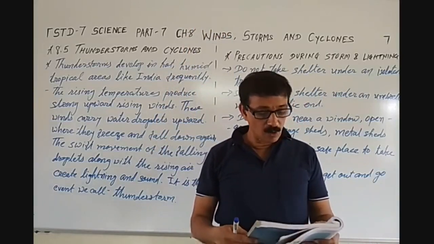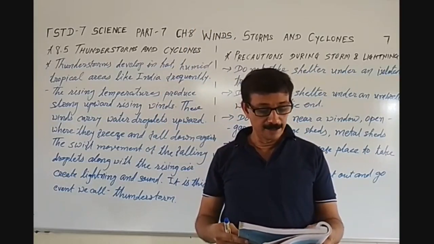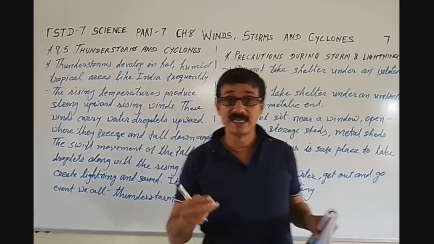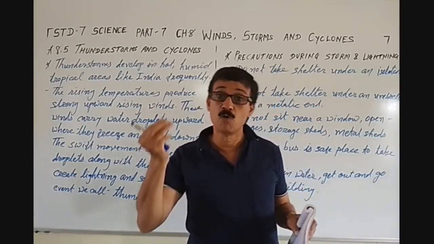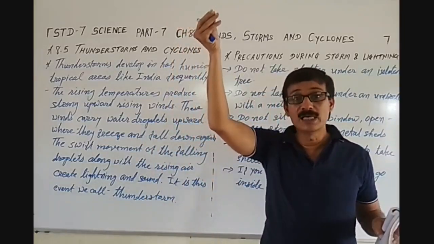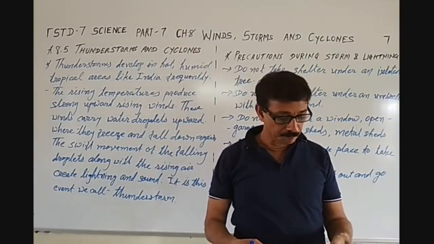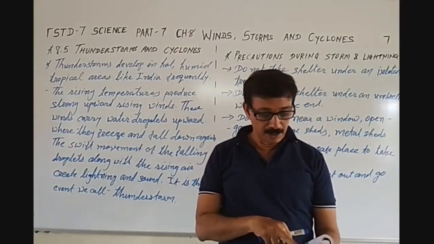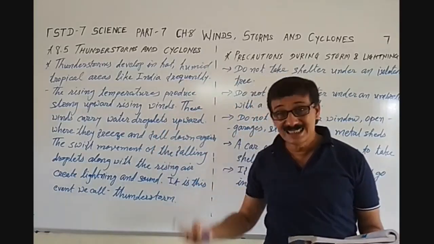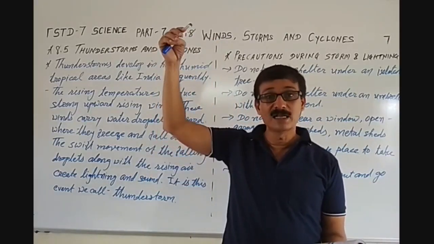The swift movement of falling water droplets along with the rising winds creates lightning and sound. What happens is that the rising winds take water droplets with them, where they freeze. Then the droplets come down to the earth again. Below it is hot, so the rising winds are also there while the droplets are falling down.